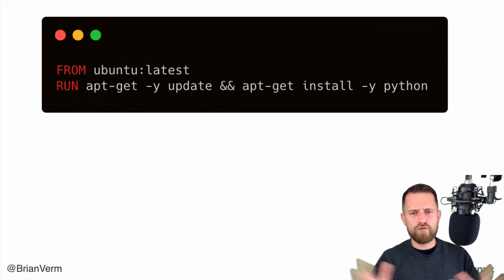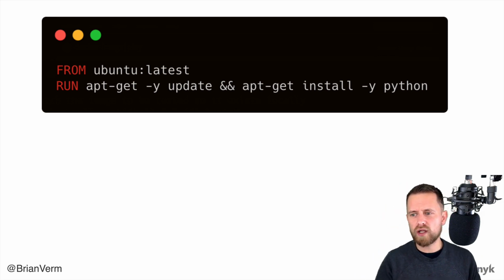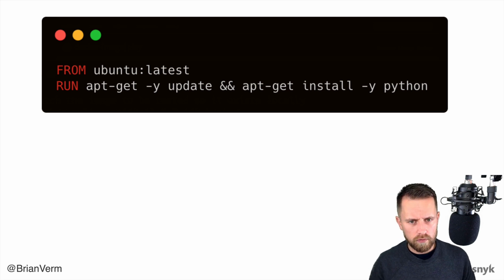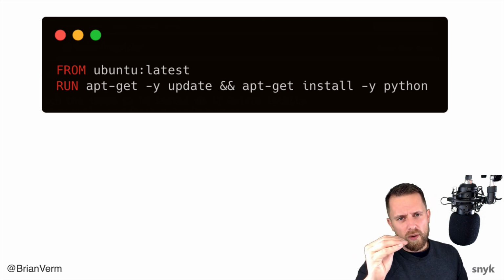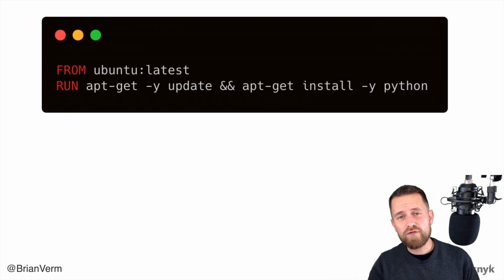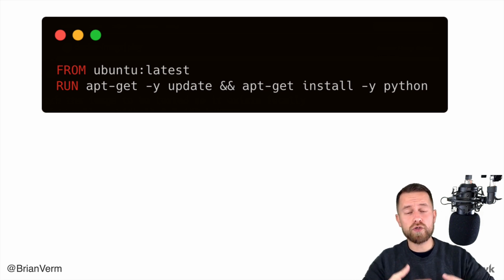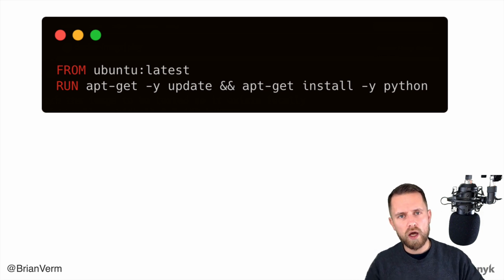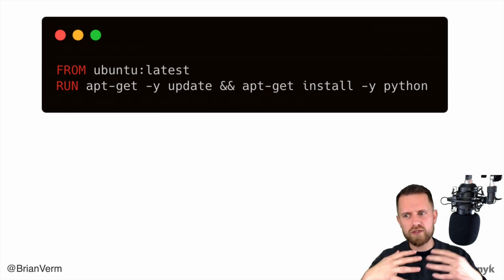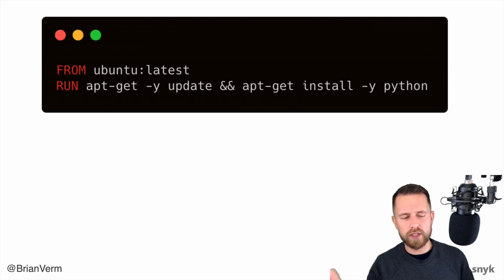Say I do something like FROM ubuntu:latest, and then I'm doing an apt-get install on Python. The latest image of Ubuntu today is different from the latest image a week from now and a week ago. So that means that the amount of vulnerabilities that are found and that are probably already fixed can be a tremendous difference. The same holds for things like your key binaries that you install.